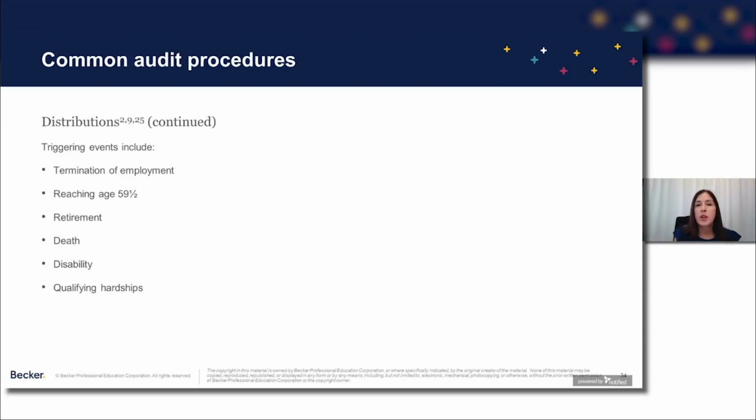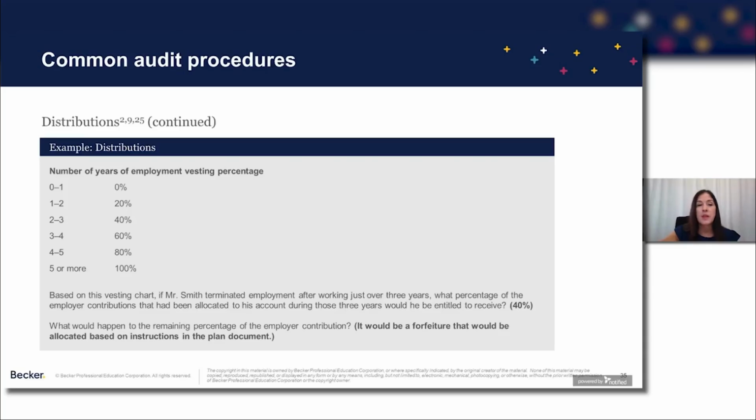So some of the triggering events to be eligible for a distribution include termination of employment, reaching age 59 and a half, retirement, death, disability, or qualifying hardship. The plan document will once again specify which or all of these are offered and available to the participants.